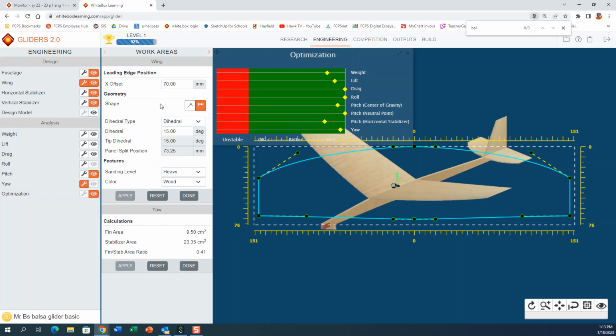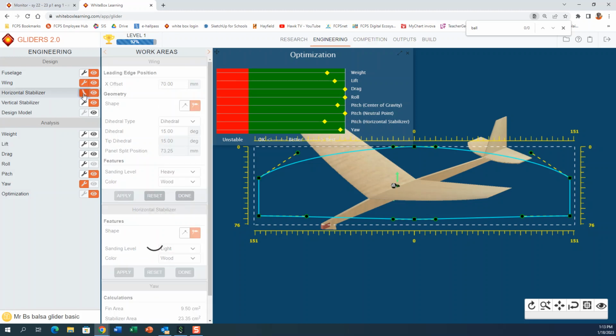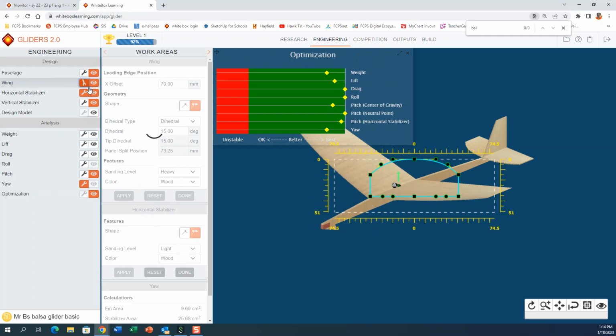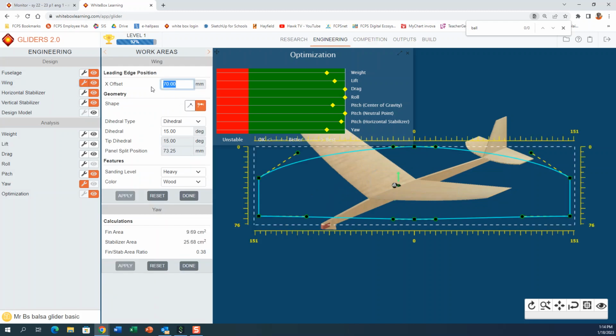Let's go fix that horizontal stabilizer. You get the idea in a second. You change one thing, it kind of messes up something else. And so let's make the horizontal stabilizer just a little bit bigger. Center of gravity, you get the idea. We're going to have to be messing around with this stuff.